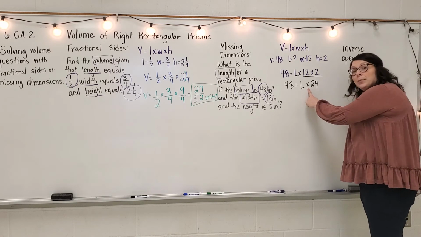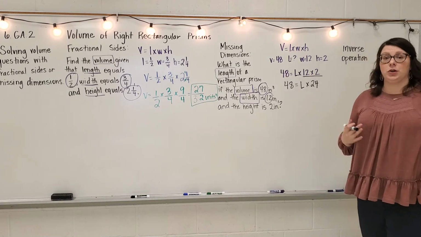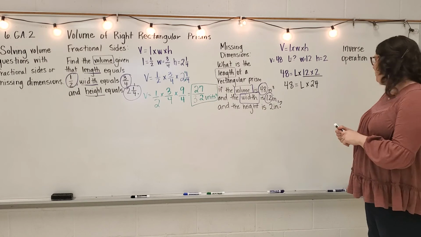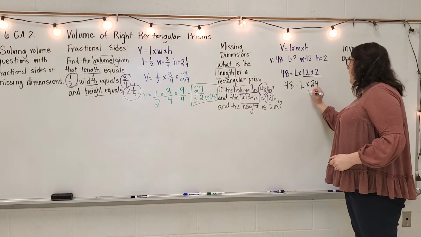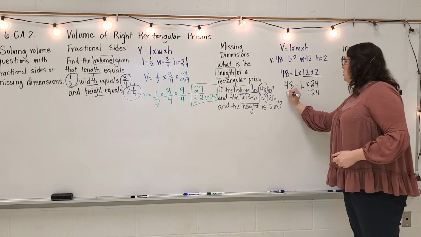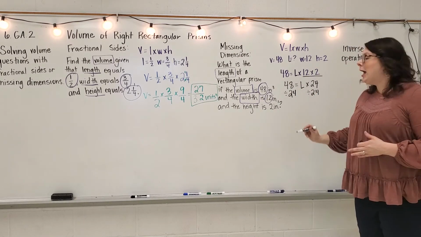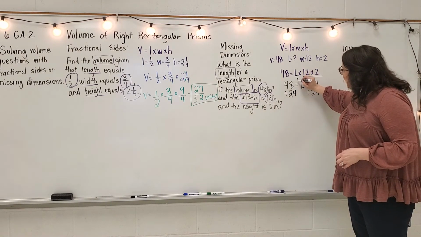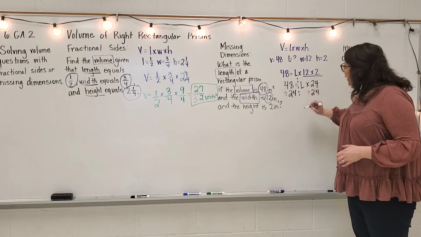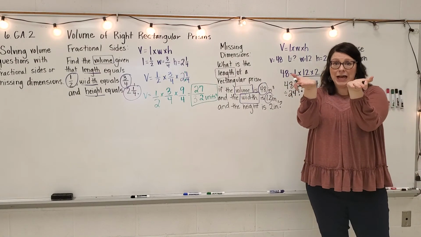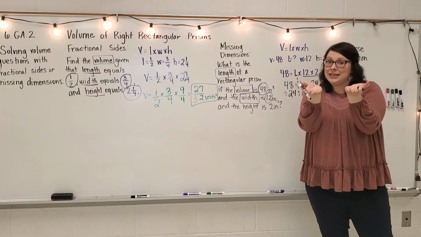Well, if I am multiplying here, the inverse or the opposite, what's going to reverse multiplication is division. So I'm going to divide both sides by 24. And when I say both sides, I mean that equal sign. That equal sign is where our two sides go. We're trying to keep both sides equal because equal means the same.